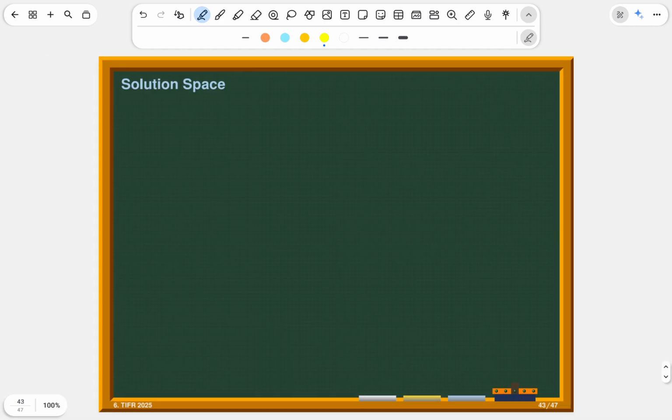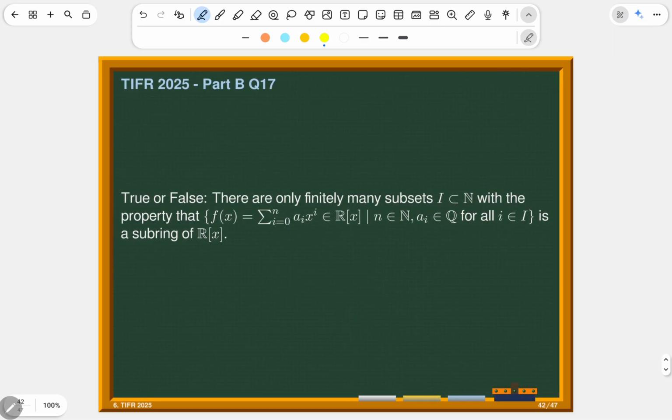So let's move on to the solution space. Let us first set some notation. Let R_I be the set of all polynomials f(x) equal to summation a_i x to the power i, i equal to 0 to n, where n is in capital N, and a_i is in Q for all i in capital I. Did I make some mistake?